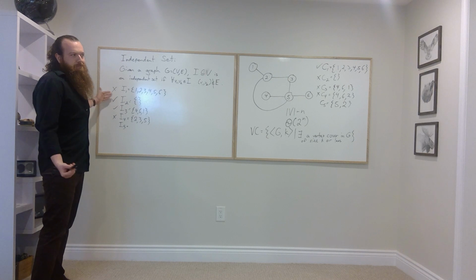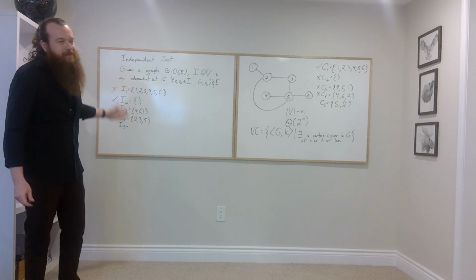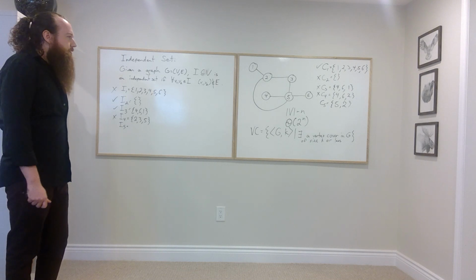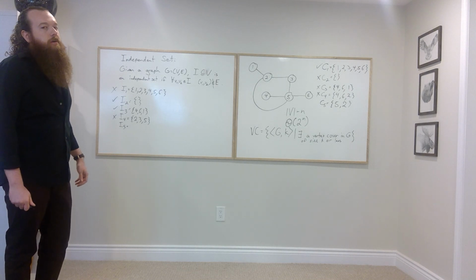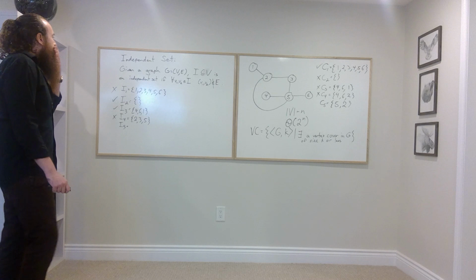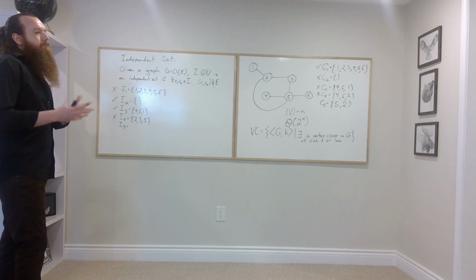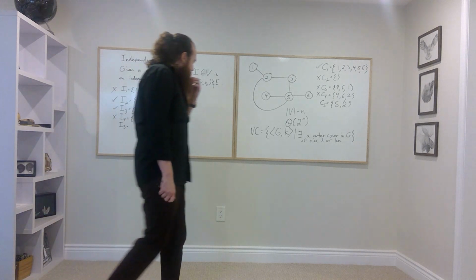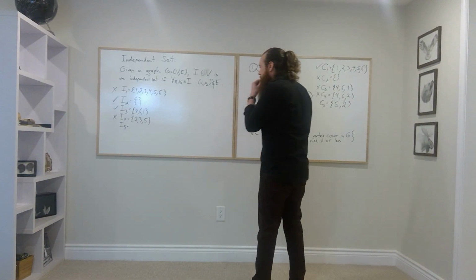The empty set is an independent set. You're not going to get smaller than that, so it's a trivial problem. But when we say best, we're not looking for small with an independent set. What are we looking for? Big. Okay. What's the biggest independent set we have?